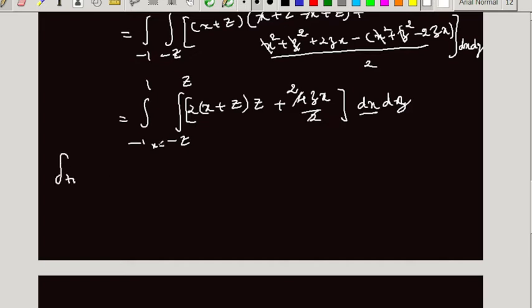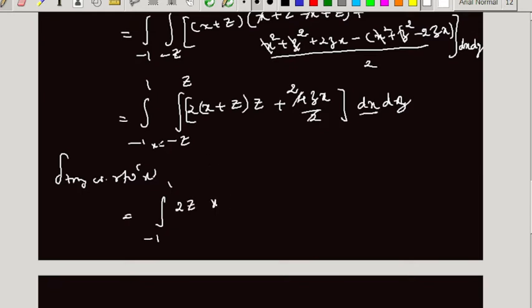So here integrating with respect to x. Whichever variable is there, we should not integrate with respect to that variable. That should be remembered. So here minus 1 to 1. Here if we integrate with respect to x, 2z is constant.